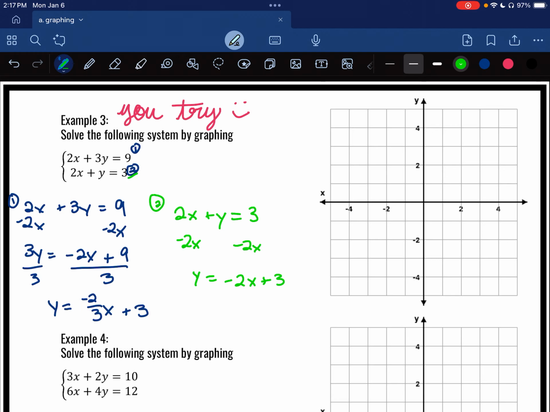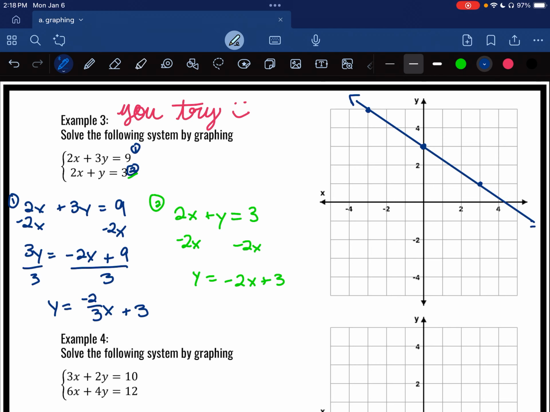Alright, so I'm going to graph the blue one first. So y-intercept at 3. And then a slope of negative 2/3. So it goes down 2 over 3, down 2 over 3. We'll end up somewhere kind of a little bit off the graph there. And here, I'll go ahead and connect those dots. Okay.